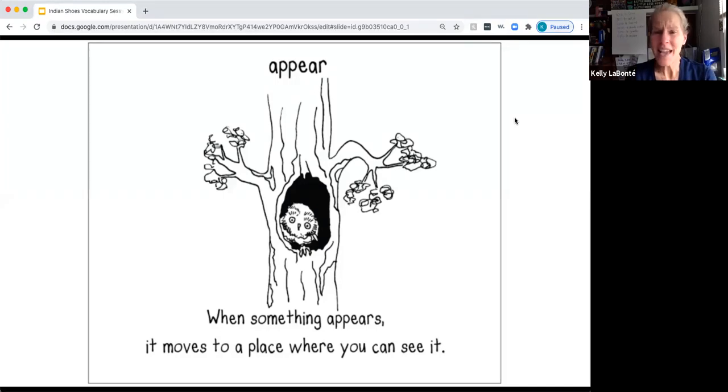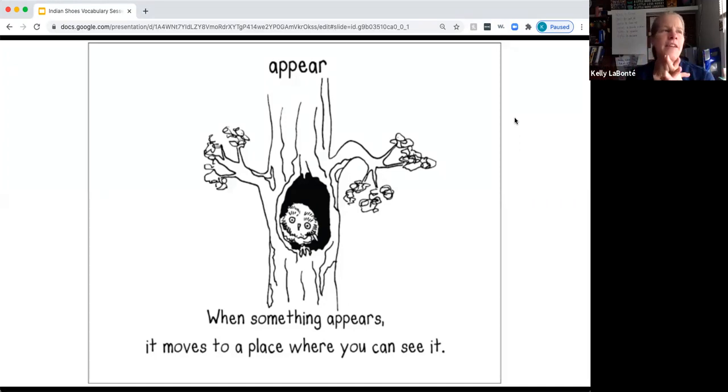If you said yes, like my friends appeared at the park, yes. If you said no, because they were already at the park and I showed up. As long as you are able to understand that this word appear means that something moves into a place where you can see it, then you are right.